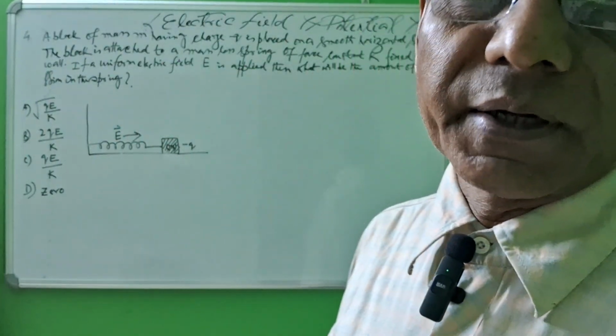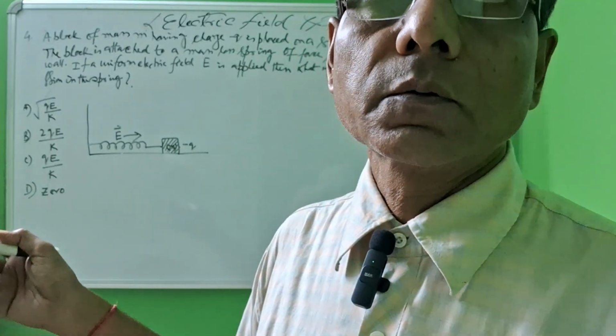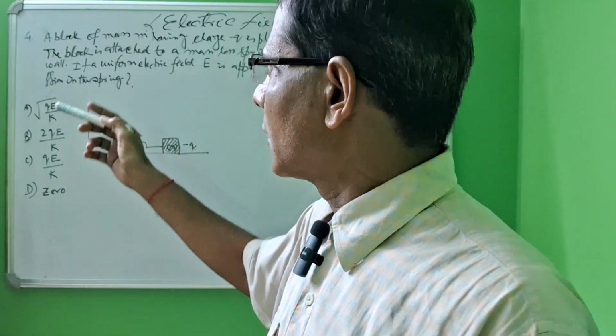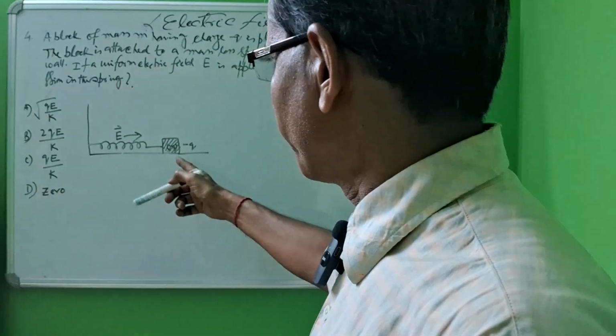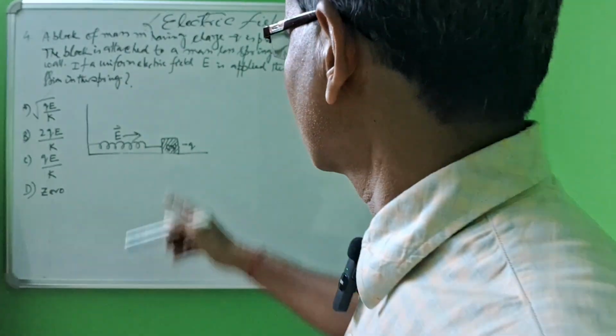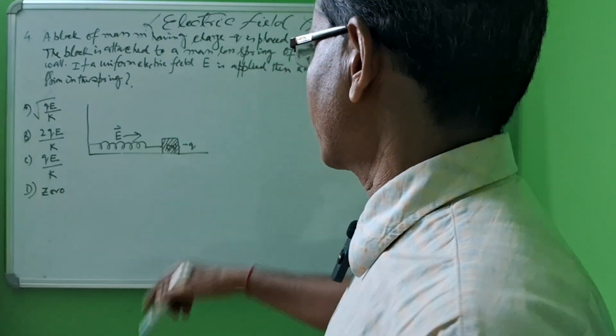Number 4, probably a typical problem also, very easy but typical one. A block of mass m with a charge minus q is placed on a smooth horizontal surface.